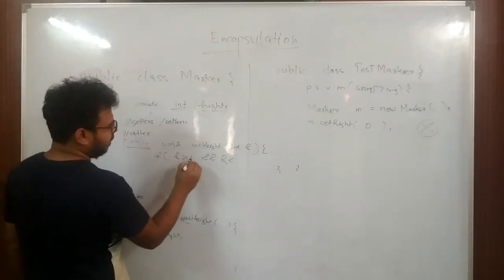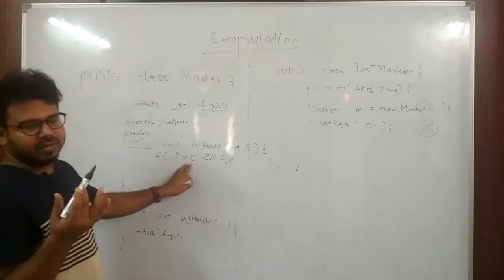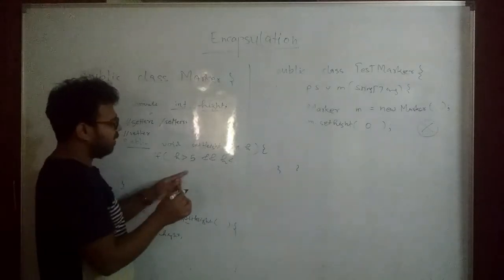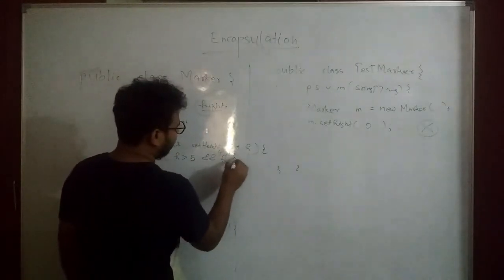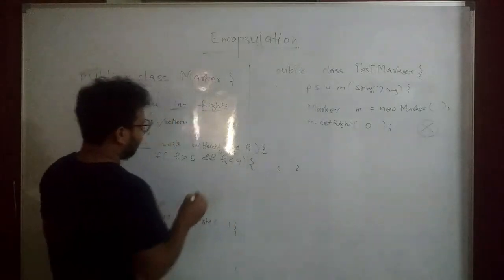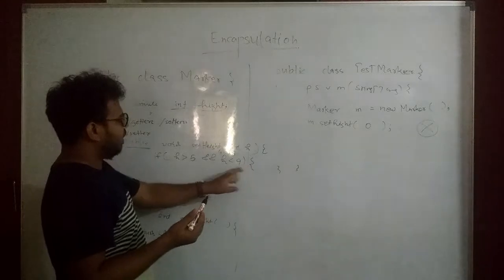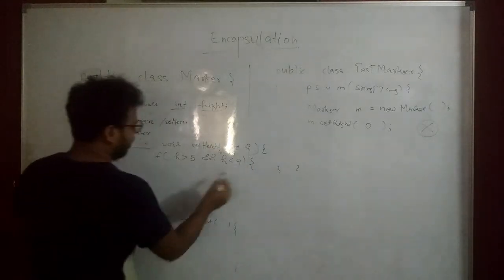So think here, we want the height of the marker as 6 to 8. Since it is an integer, we make it greater than 5, which means 6, 7, 8, and less than 9, that is up to 8.